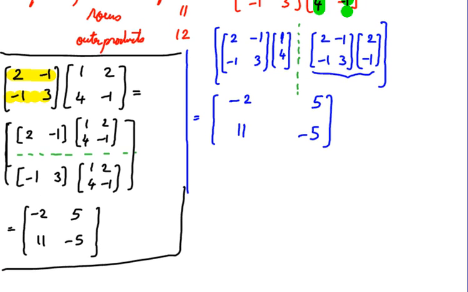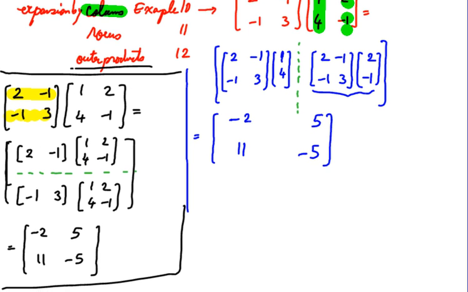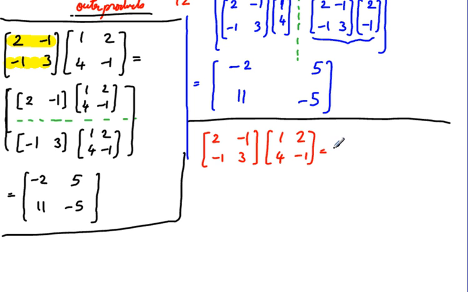And third style, which is outer products, it's kind of more interesting, is, so I have now 2 minus 1 minus 1, 3 times 1, 2, 4 minus 1. I want to write these things with outer product style.